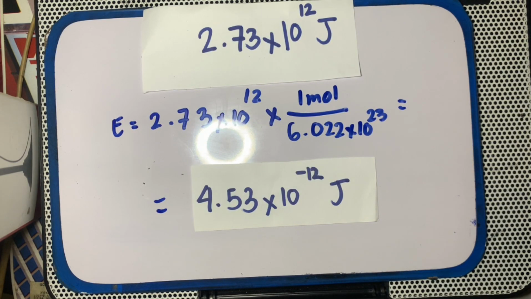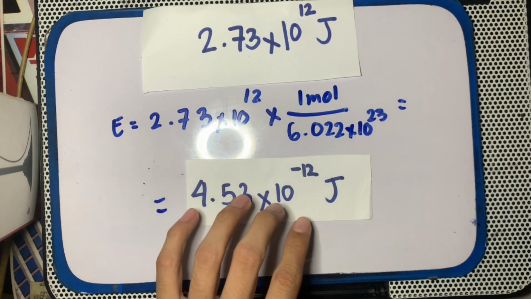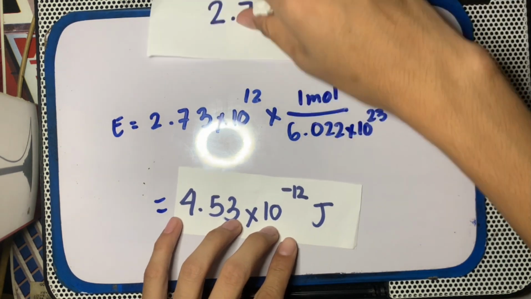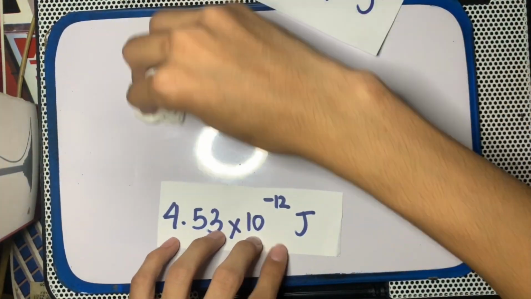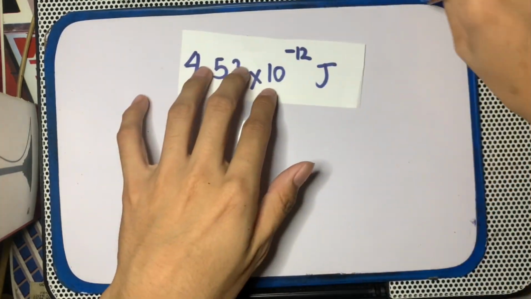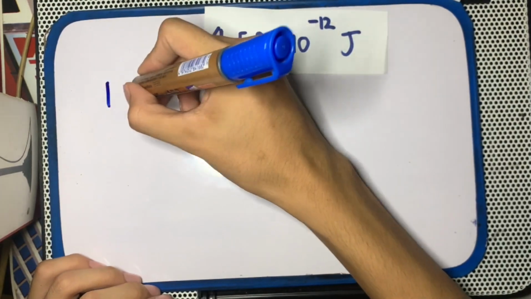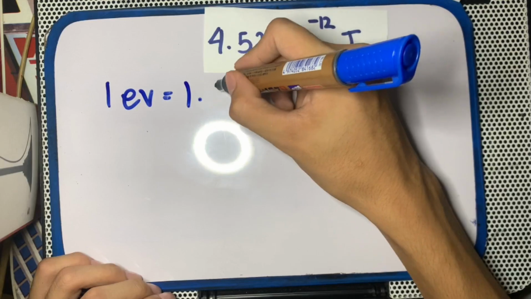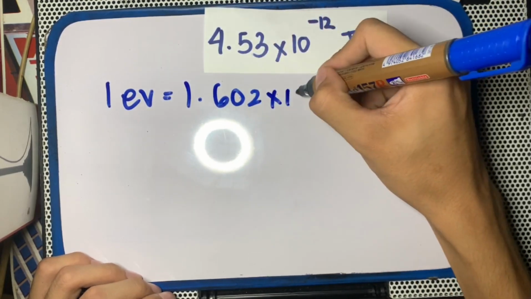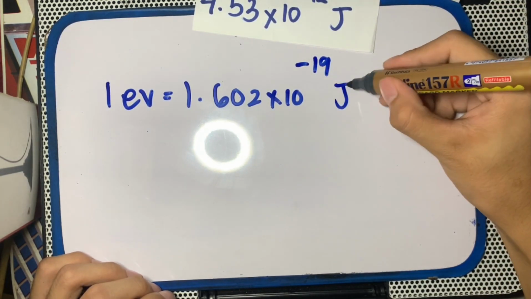So now, our next step is convert this into electron volts. So how? Using conversion. Now, mahanap po natin siya sa mga Google. So recall that 1 electron volt is equal to 1.602 times 10 raised to negative 19 joules.